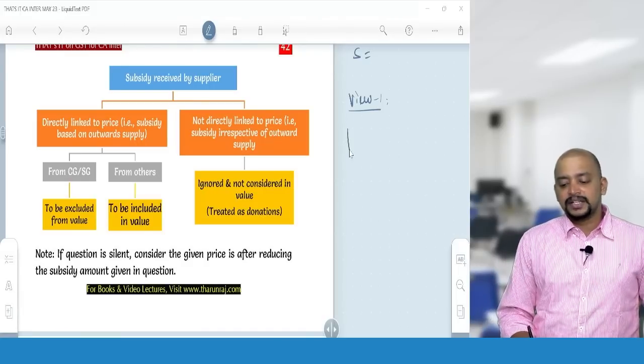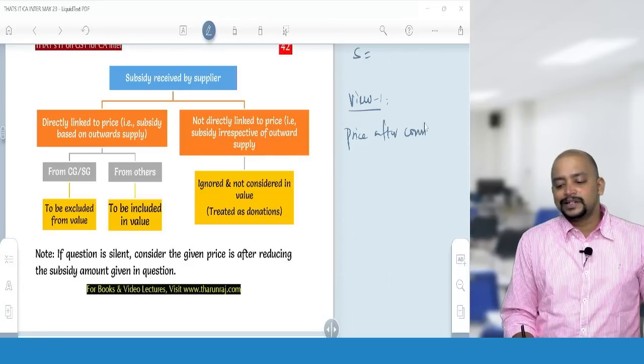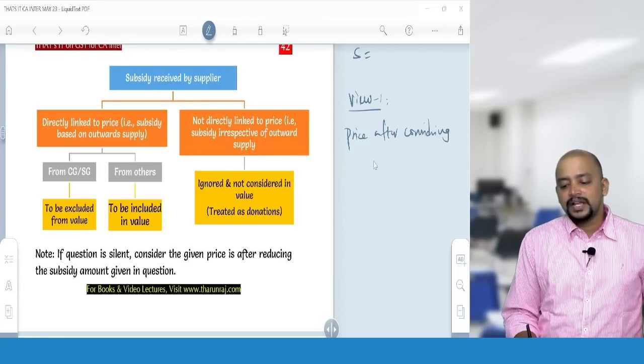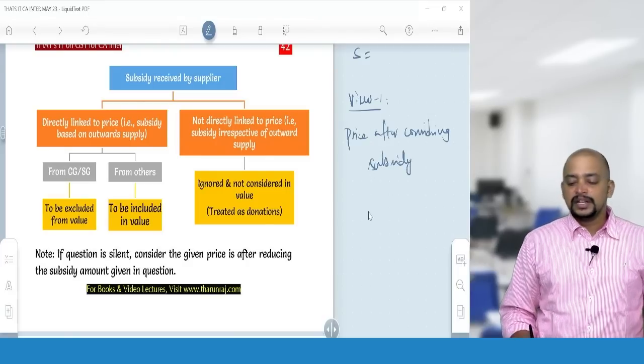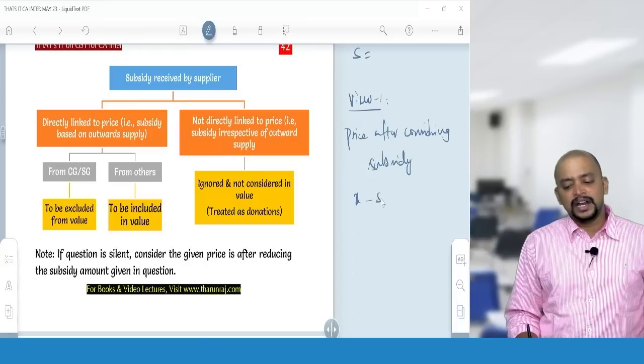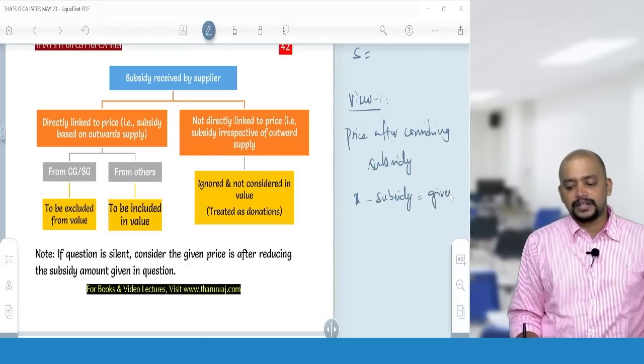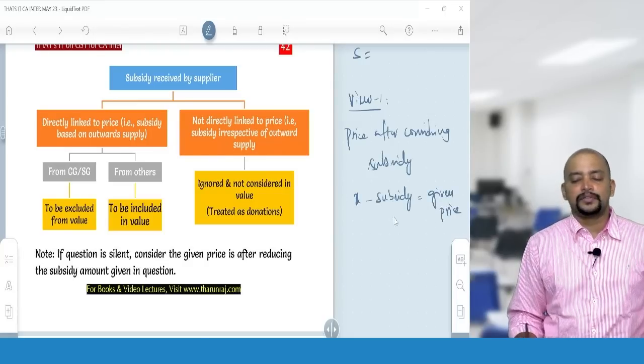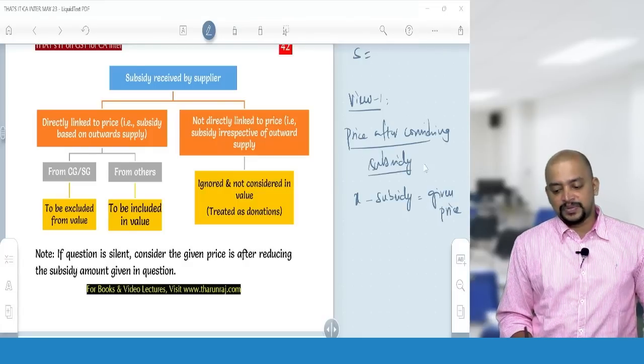So price after considering subsidy. What is the meaning of price after considering subsidy? There is some price, from that they reduced the subsidy and then we got the given price. That is the meaning of this statement, price after considering subsidy.